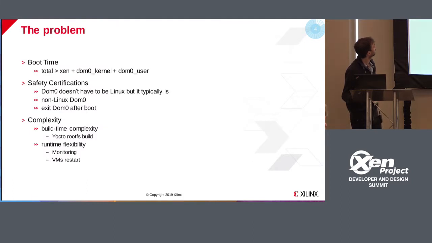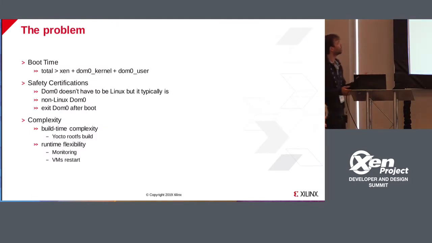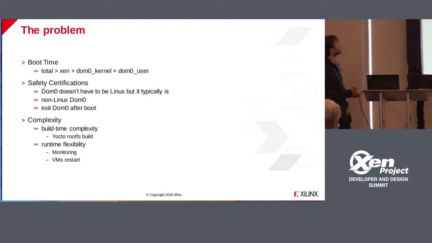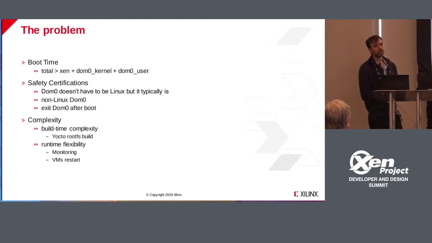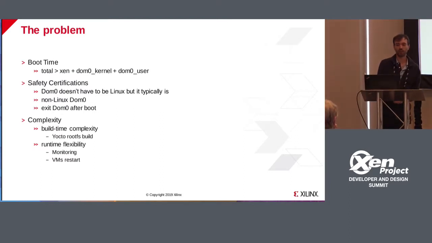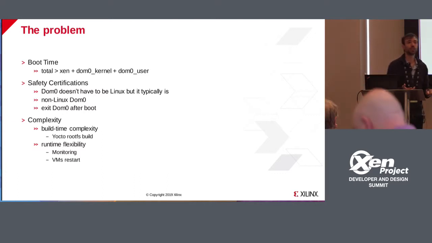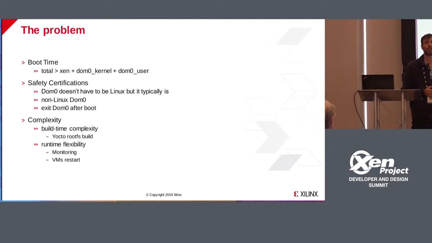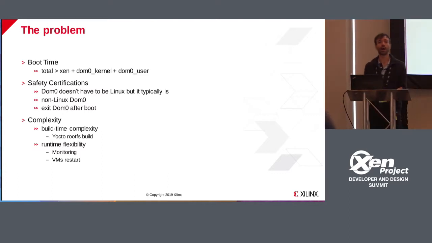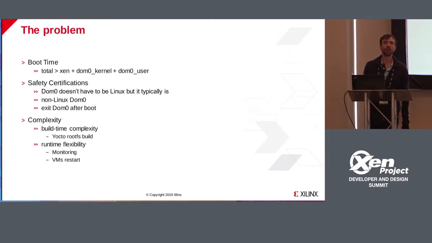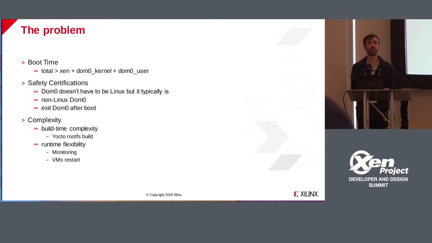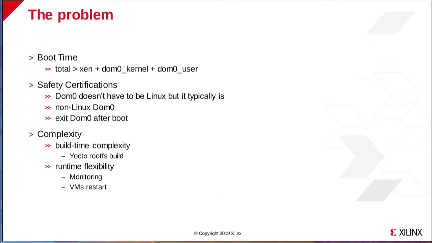So let me go through this. The boot time is obviously Xen plus the kernel and the user space in Dom0. There are other consequences. If you care about safety certification, because your environment requires it, then because Dom0 is privileged over your system, you need to certify Dom0 too.